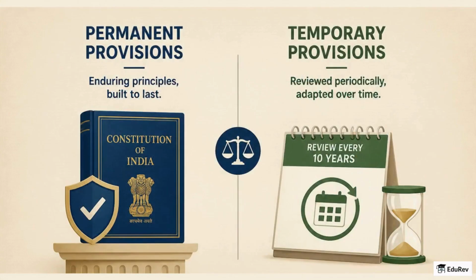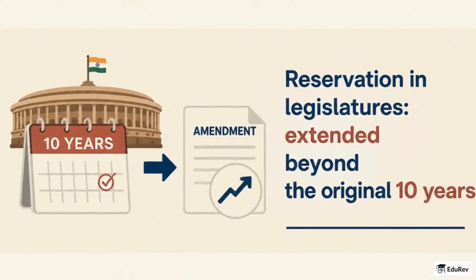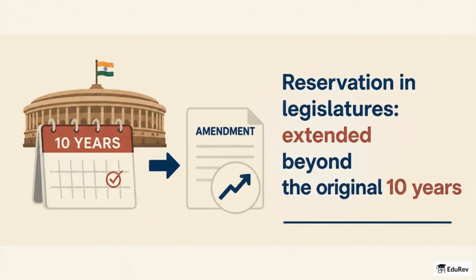Some provisions are permanent fixtures in the Constitution, and some are temporary, meant to be reviewed every decade or so, which is why you see periodic amendments and extensions. For example, reservation in legislatures began as a 10-year measure after independence, but kept getting extended, and recent amendments have pushed that timeline forward again.